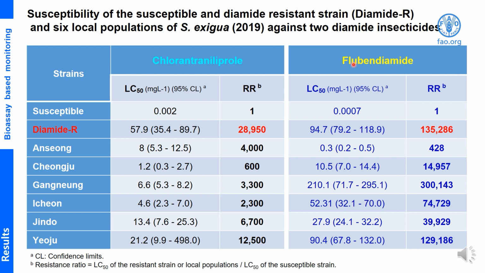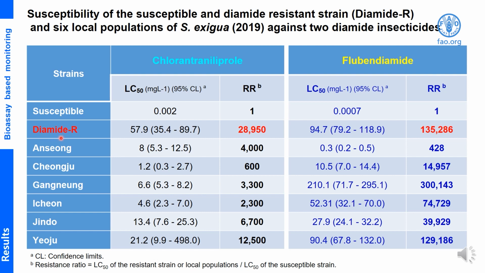So if there is some kind of genetic change conferring resistance to chlorantraniliprole, that mechanism is the same, so flubendiamide can also show a high level of resistance like this.